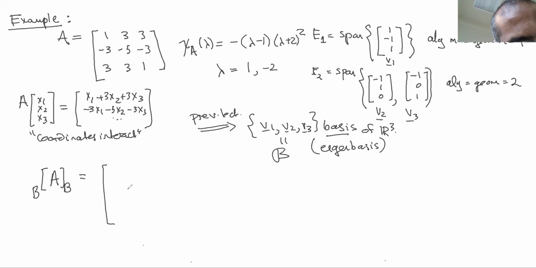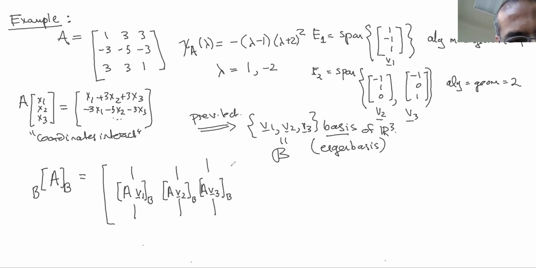Well, that's just going to be A applied to each of the basis vectors, but now written in the output basis, which is also B. Let's figure out what that is.